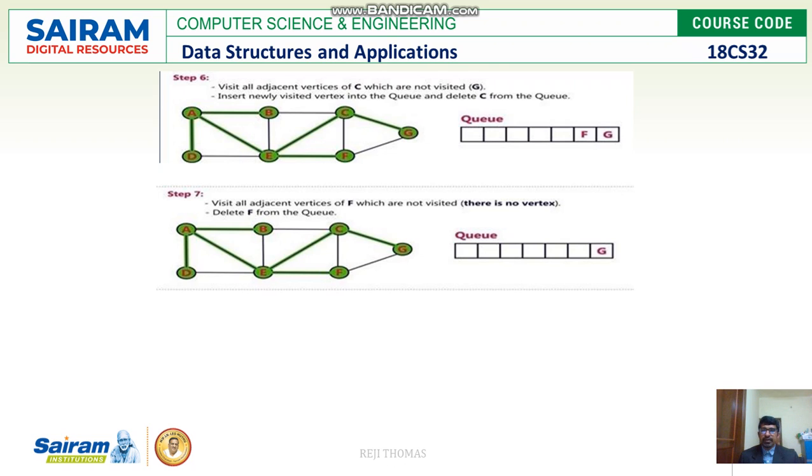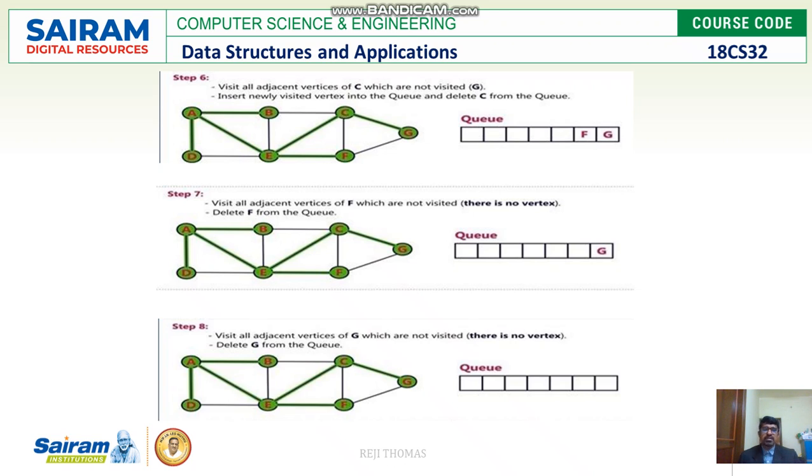Next, the front of the queue is F, and F has no node which is not visited. There is no vertex, so I delete F from the queue. Continue with this. There is a single node in the queue which is G. Find out the nodes which are not visited, and there is no vertex which is not visited.